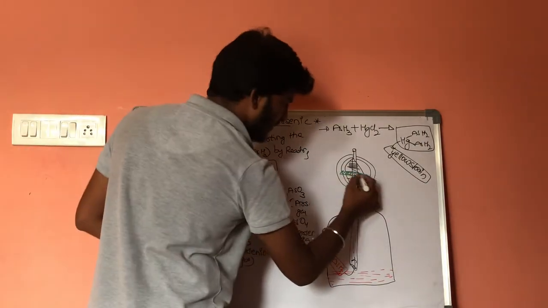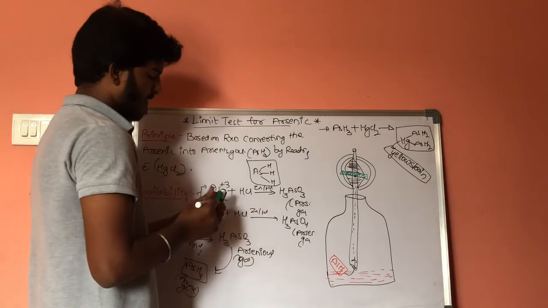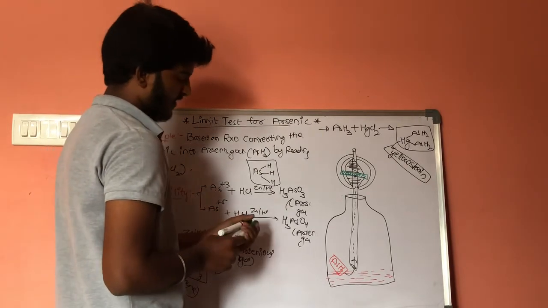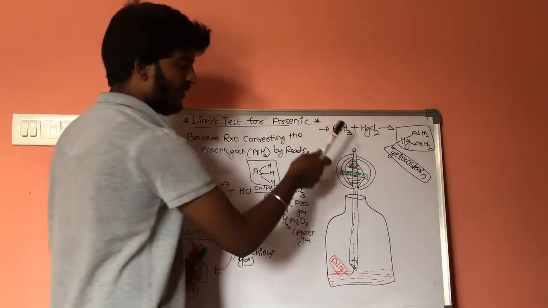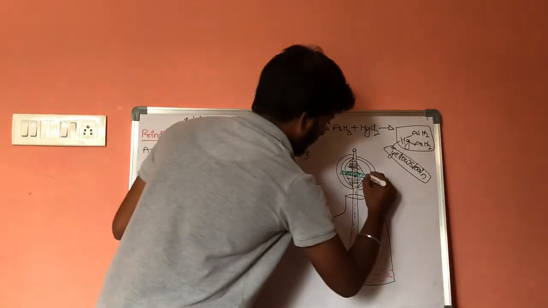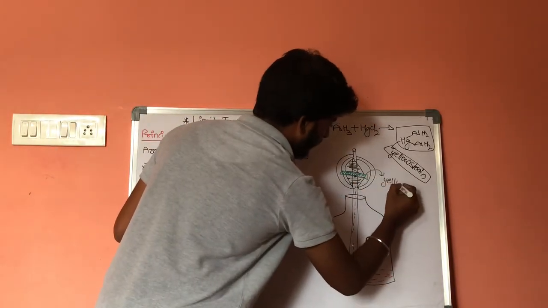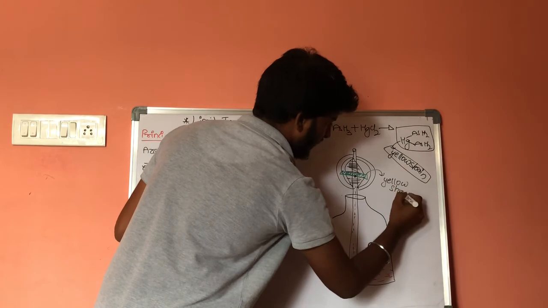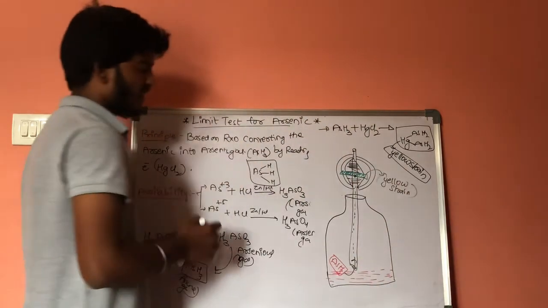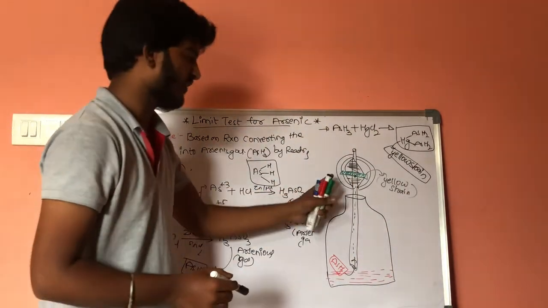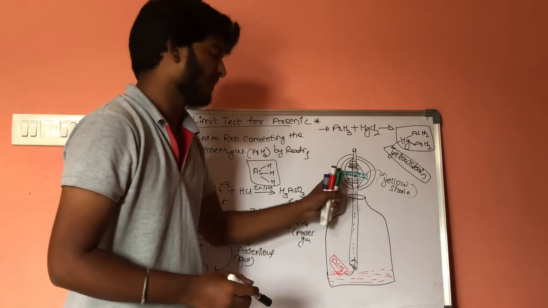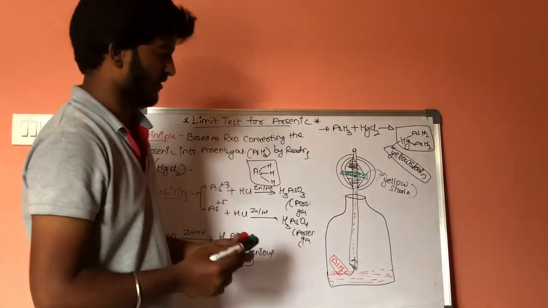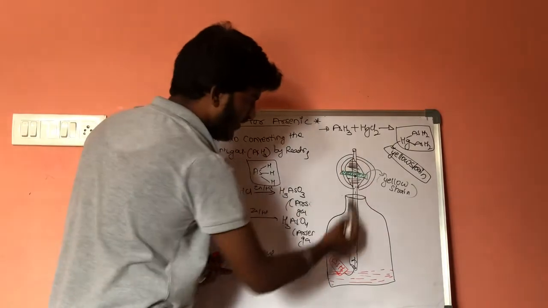After coming into contact with this mercuric chloride paper, it converts into a yellow color structure. There will be formation of a yellow stain. If there is formation of a yellow stain, then there is presence of arsenic ions. Now we discuss the length of this tube.